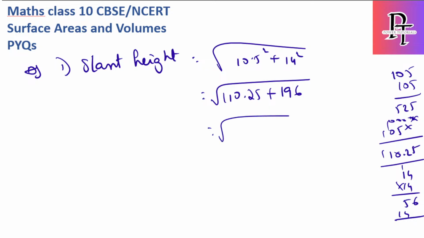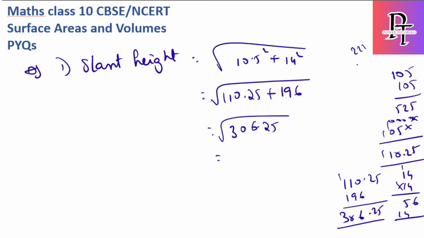So it becomes 110.25 plus 196, which is 306.25. Okay, so here let's take random numbers, because we need a square root near 30. 15 square is 225, 16 square is 256, 17 square is 289.